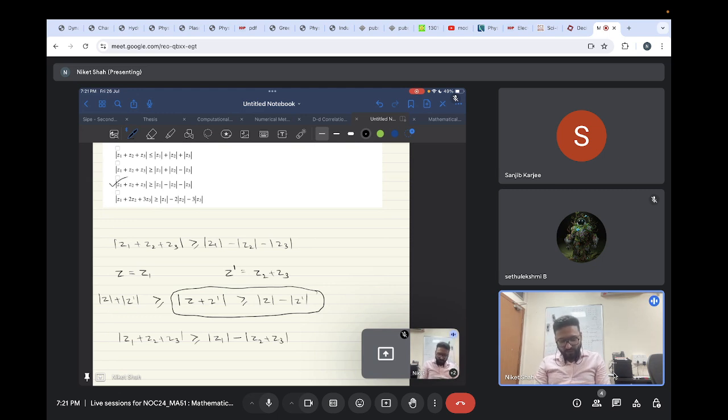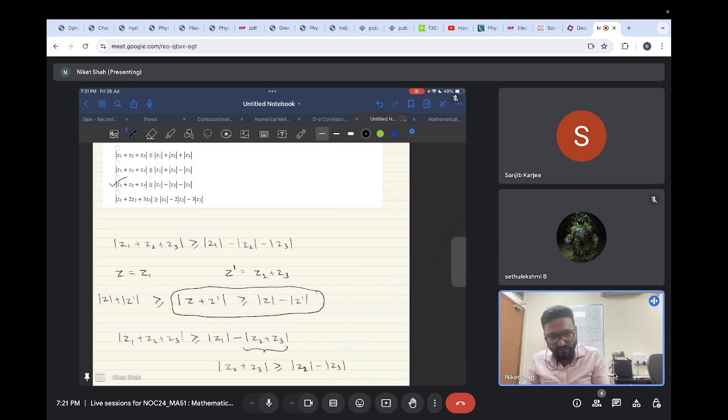Okay. So now, if I want to further break this, I know that mod Z2 plus Z3 is greater than or equal to mod Z2 minus mod Z3. Again, using triangle inequality on this one as well.